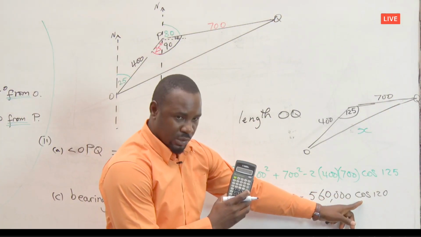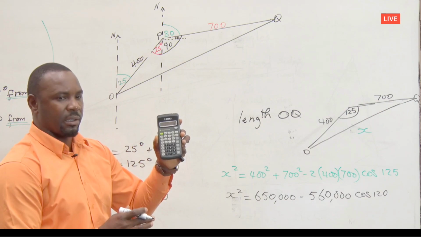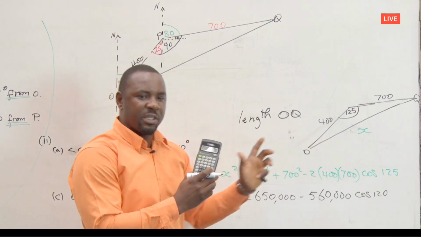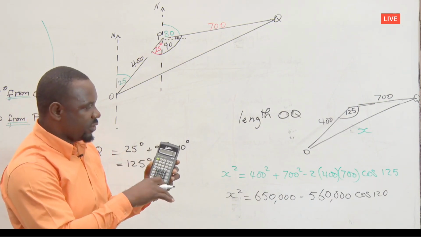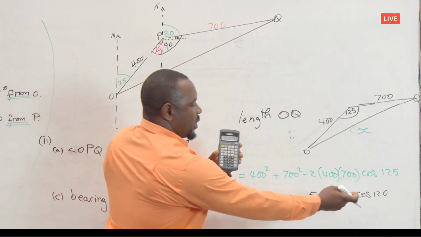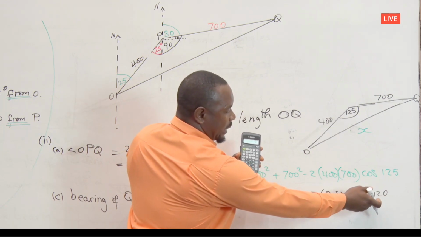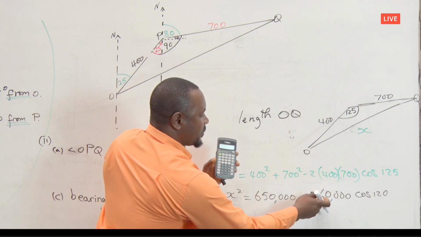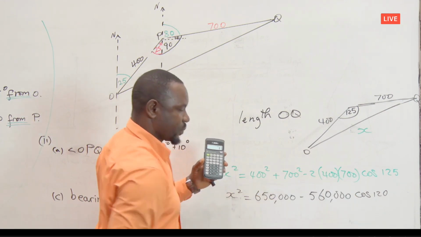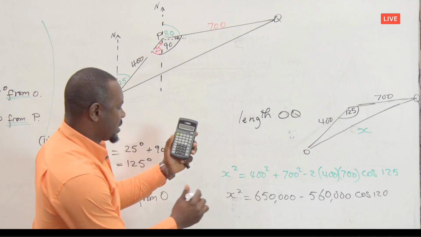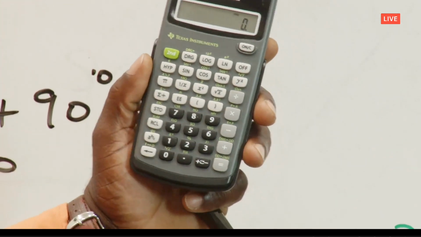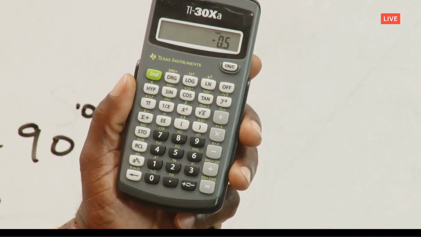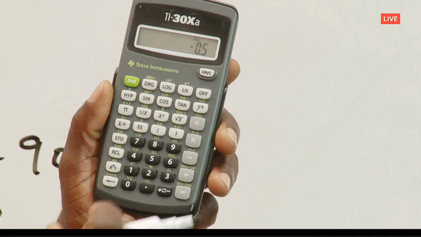Now, this particular calculator uses 125 then cos. Some calculators will punch in cos 125 and it will give you the solution, but this one is the reverse. So I'm going to have to punch in 125 cosine equals, then I will multiply it by 560,000. Good? So let's follow what is happening. I get 125 cos.